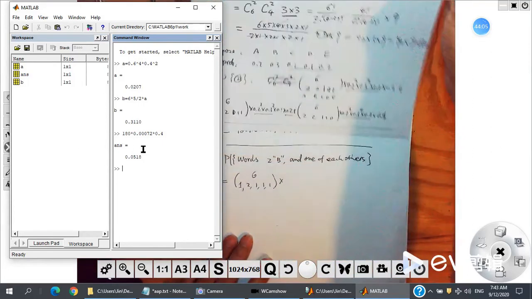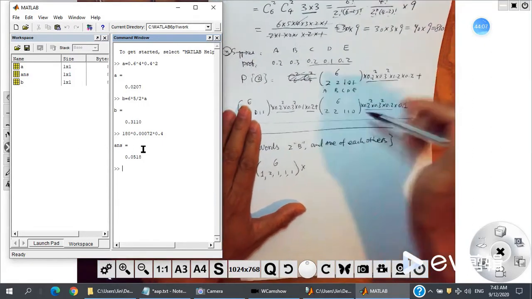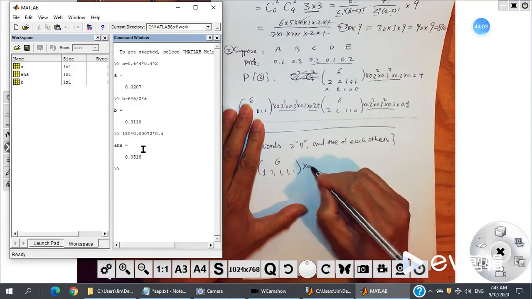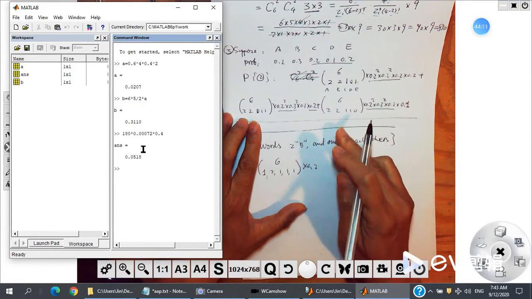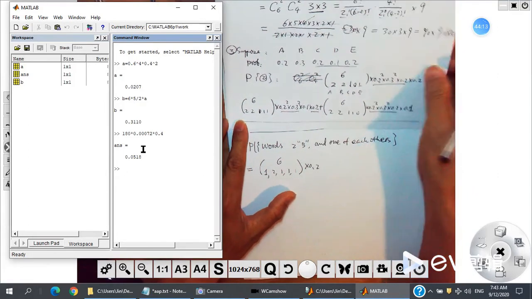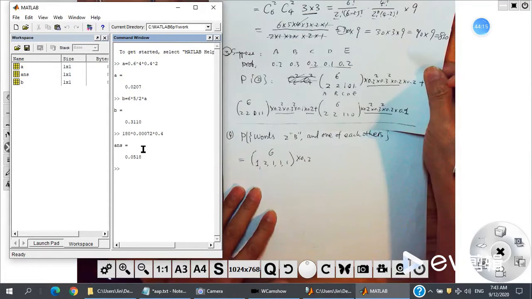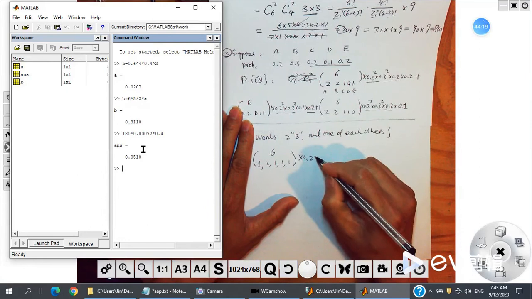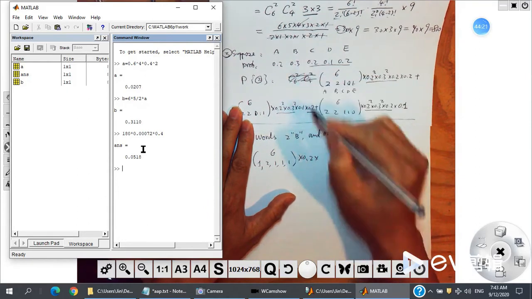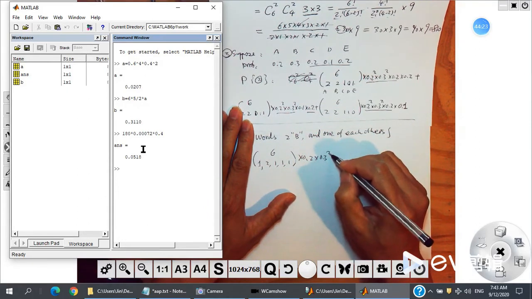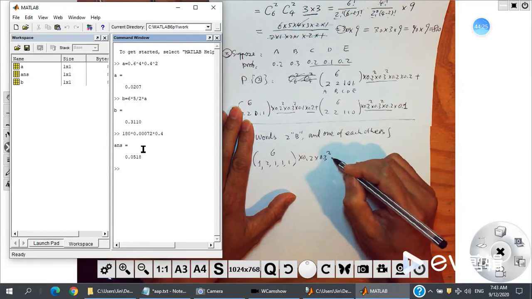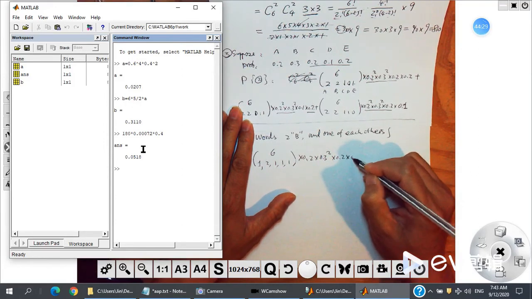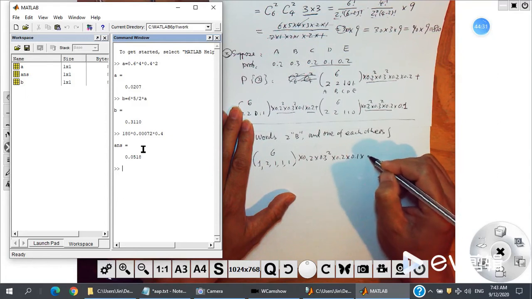Let's see here. 1 is A, 0.2. Okay, we have this. 1 is A, 0.2, and 2 are B, so 0.3 with square, and C is 1, D is 1, and E is 1.